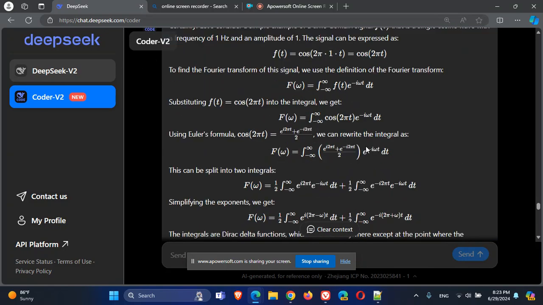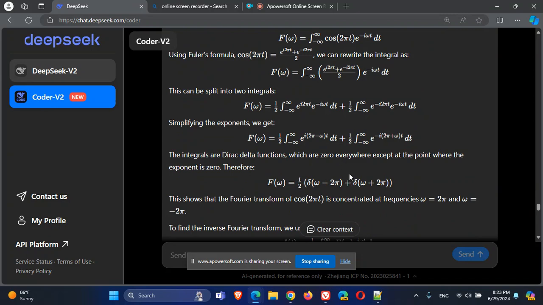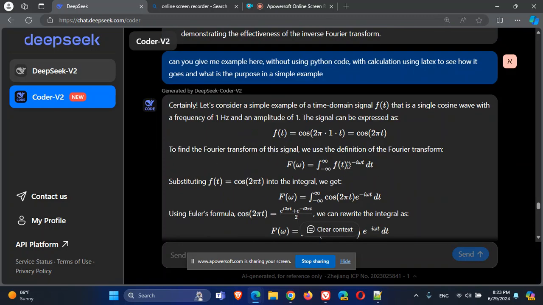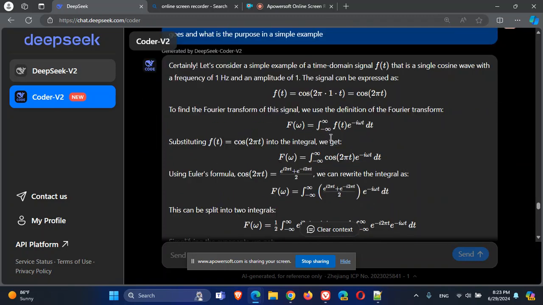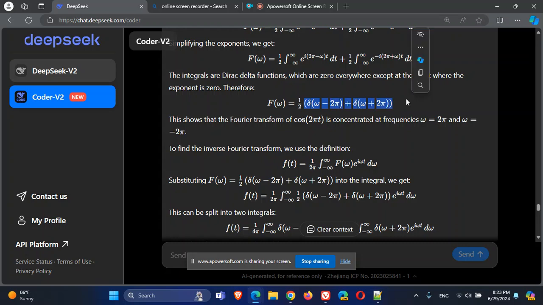So in the Fourier transform process, we are taking the function in the time domain and converting it to understand it in the frequency domain. We took the cosine function of 2 pi t, and we converted it and got the Fourier transform, which is non-zero at the frequencies of the cosine 2 pi, a frequency of 1 and minus 1 hertz.